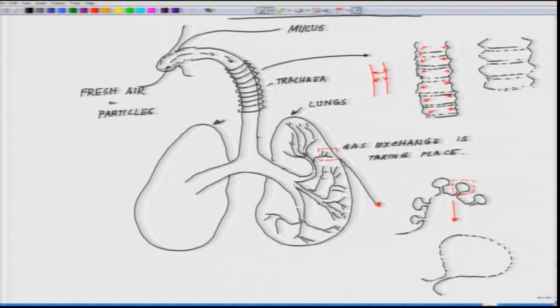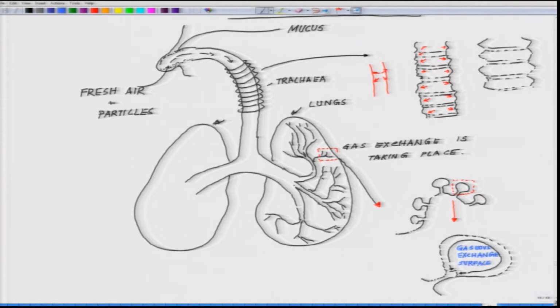Okay. So, this whole surface area from here to here is the gaseous exchange surface.